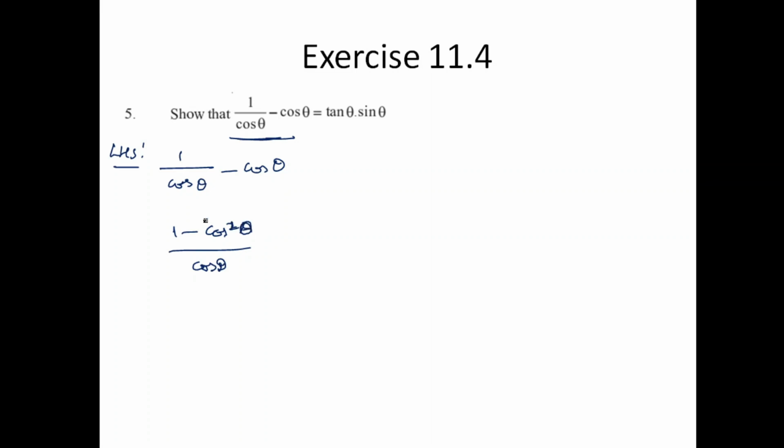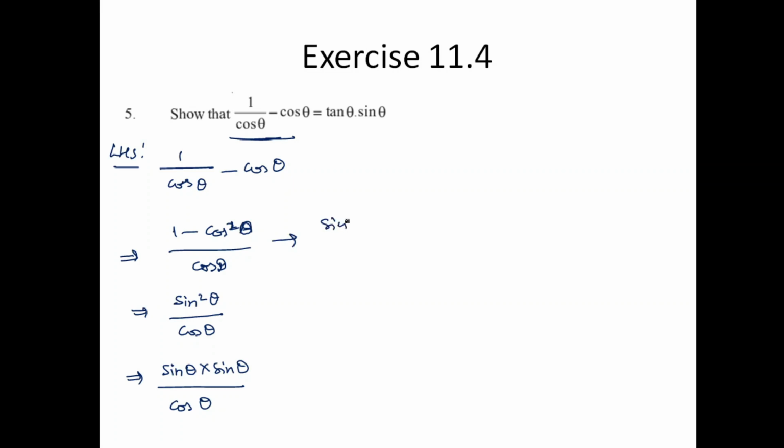If you remember the identity, the numerator can also be written as sine square theta by cos theta. Sine square can be written as sine theta into sine theta by cos theta. I hope this is clear up to here, right? See, how did I write this one here?